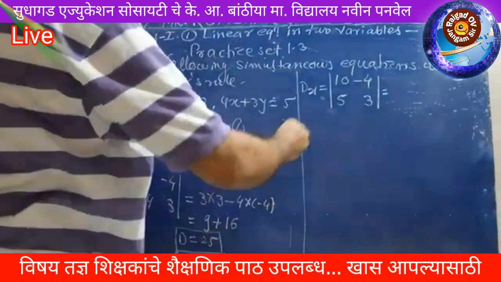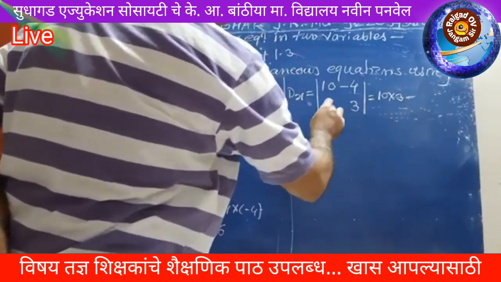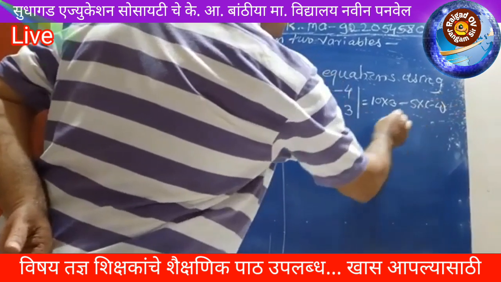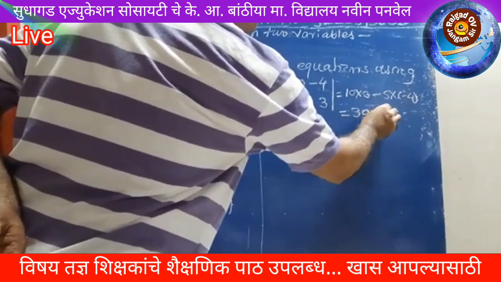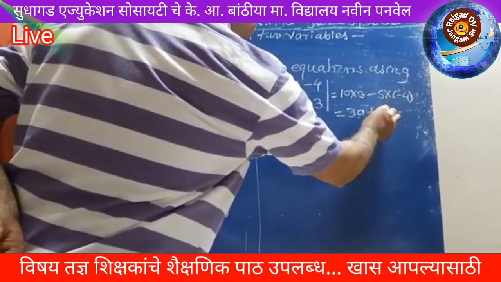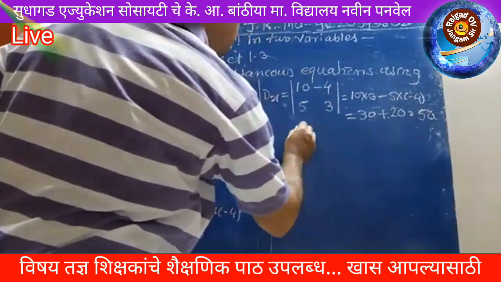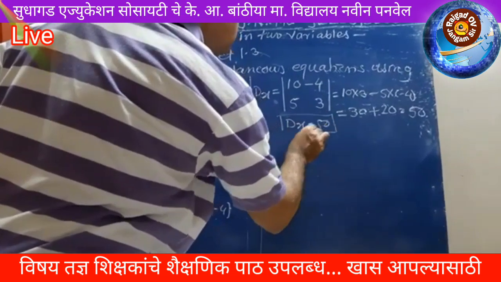That is 10 into 3 minus 5 into minus 4 is equal to 30. Again minus minus becomes plus, 5 fours are 20, so it is 50, which means Dx is equal to 50.